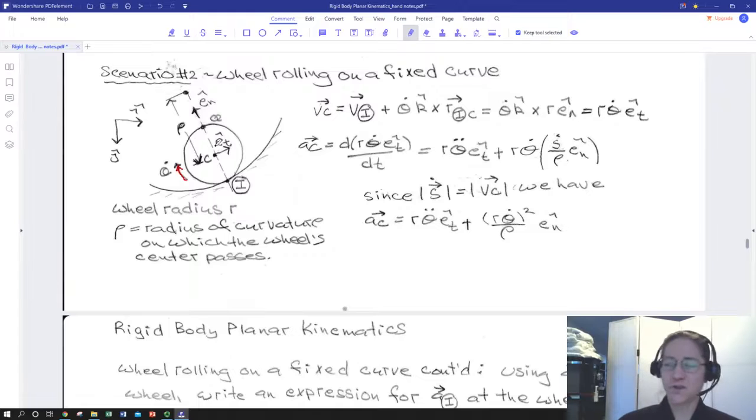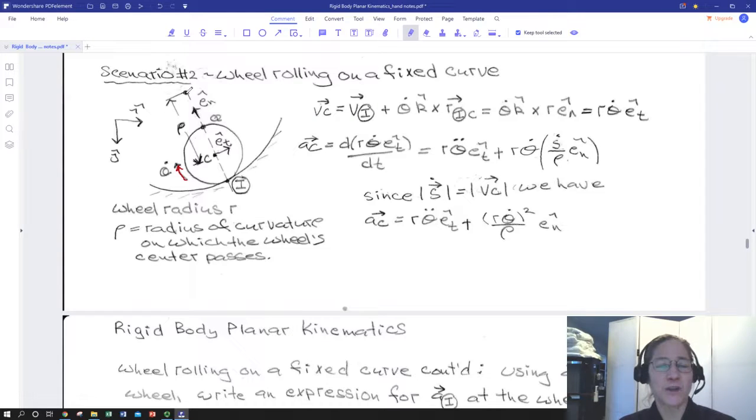So we've got a few features here. In addition to the center of our rolling wheel and our contact point, which has zero velocity relative to our curved fixed surface, we've also got what we call a rho, which is the distance between the rolling rigid body wheel's center point and the radius of curvature of our surface.